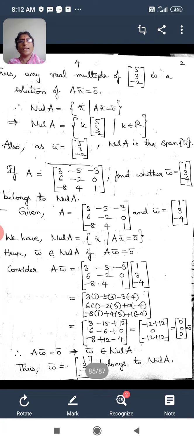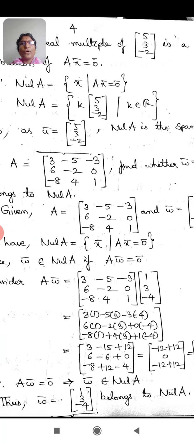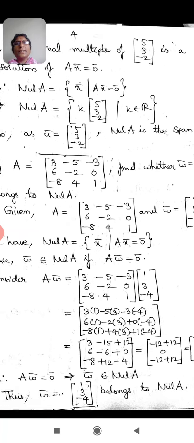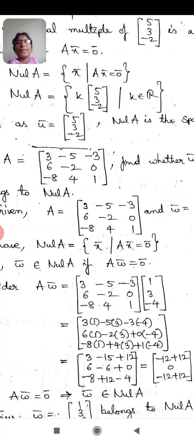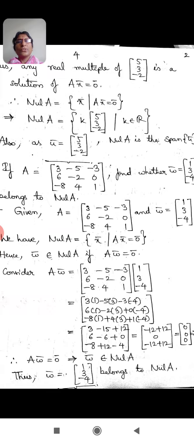As u bar is a single vector, all the scalar multiples of it are treated as linear combinations, and that is how null A is equal to span u bar, where span u bar is the set of all linear combinations of the vector u bar, and that is nothing but the null space A from the above definition. So finally we can regard null A as the span of u bar.